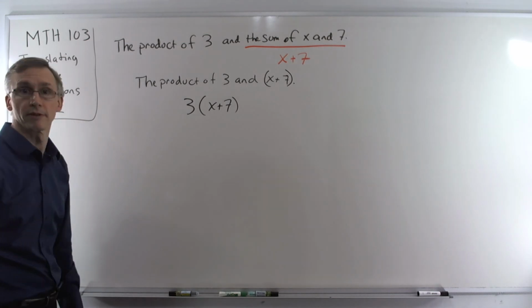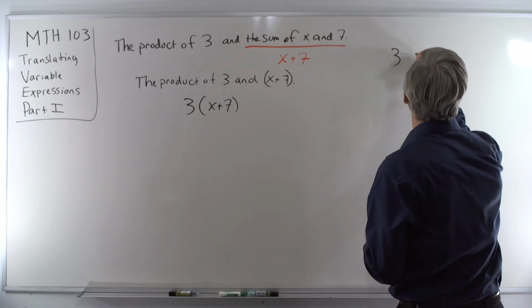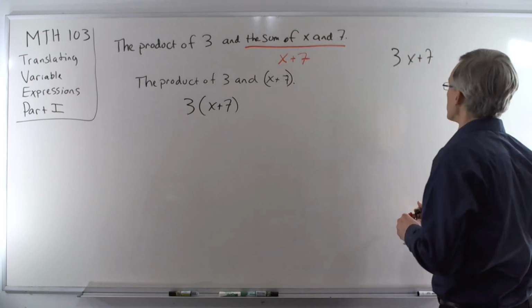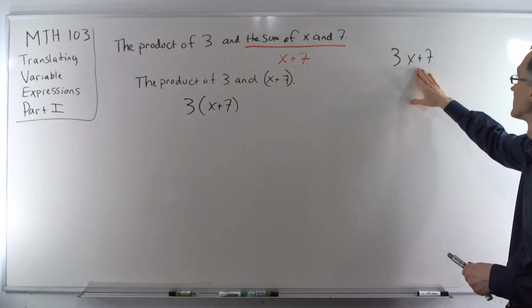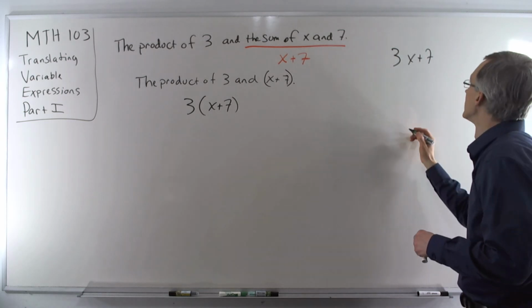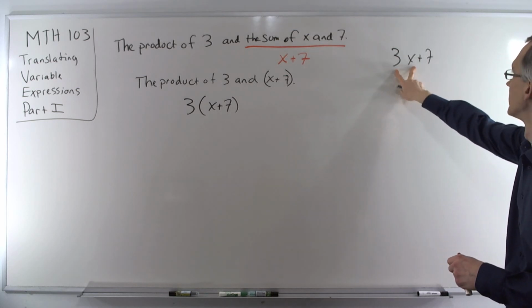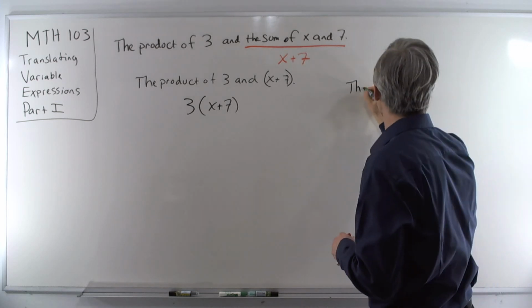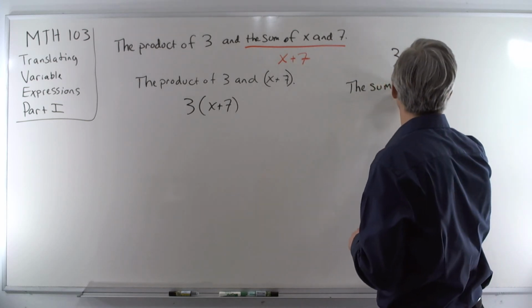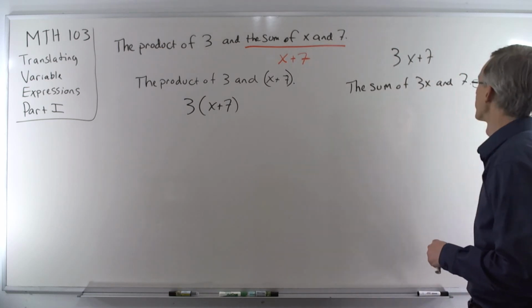Now let's say we did not put the parentheses in there, and we just multiplied 3 times x plus 7. If we translate this, well, we're going to do this in reverse now. The first step would be the sum of 3x and 7.